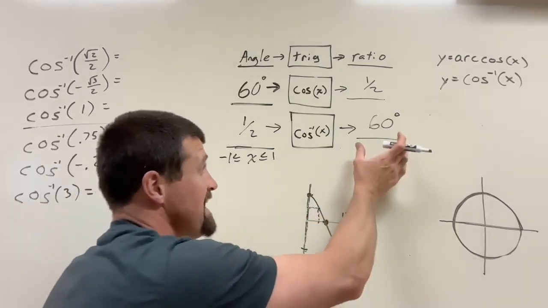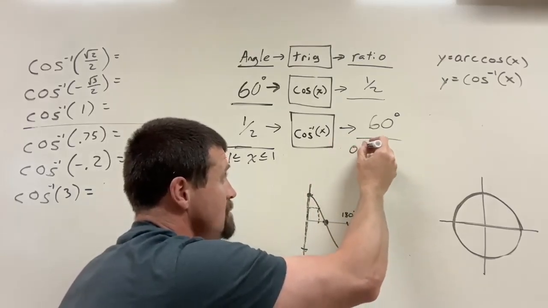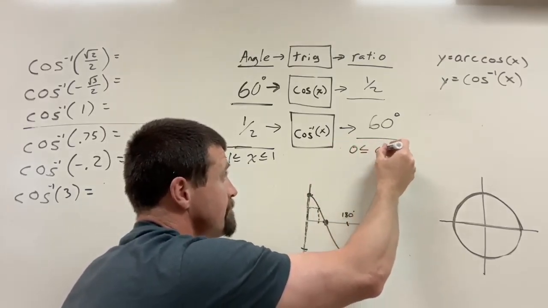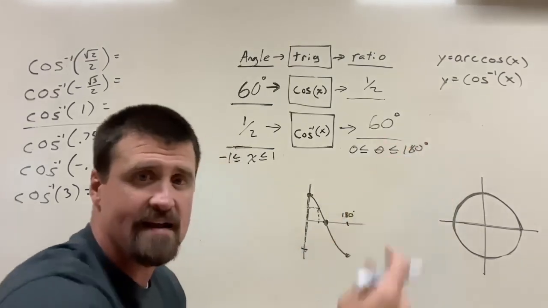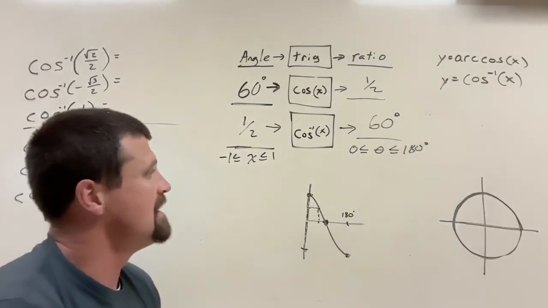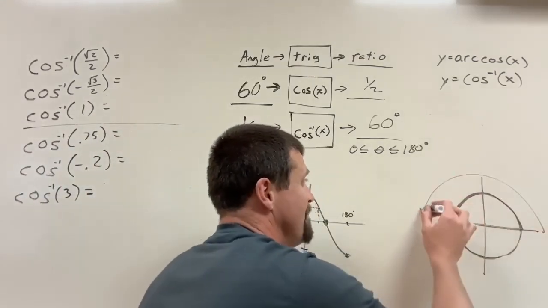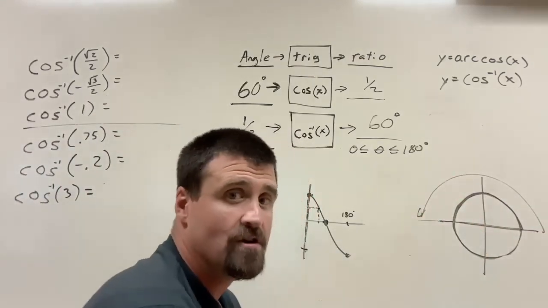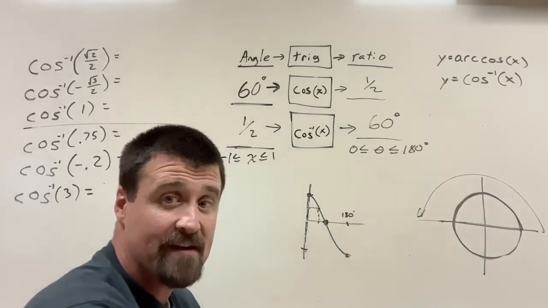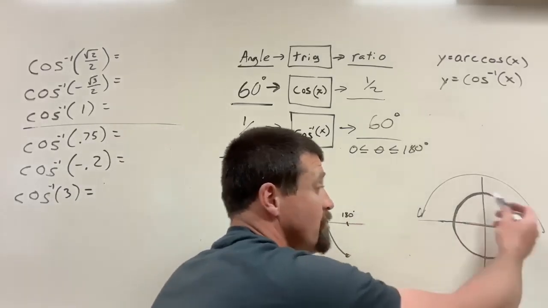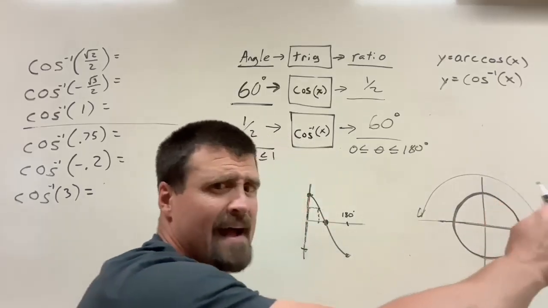So these angles for arccosine are always going to be between 0 and 180 degrees. Or if you're in radians, it would be 0 to pi. If we're looking at the unit circle, that would only be the top half of the unit circle. So if I'm trying to figure out what the inverse cosine of 1/2 is, I'm looking on the unit circle for an x value of 1/2.